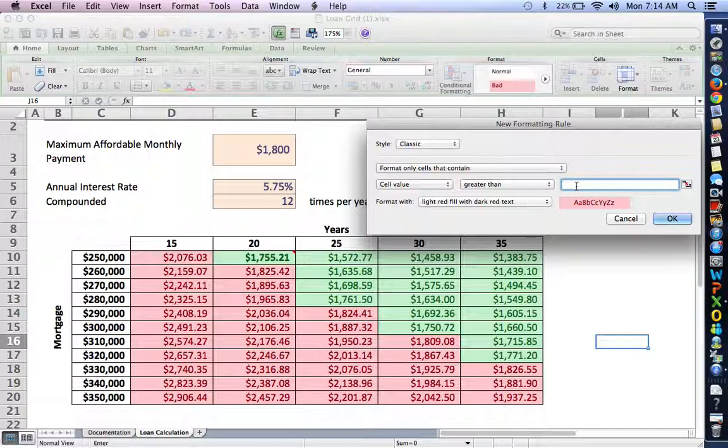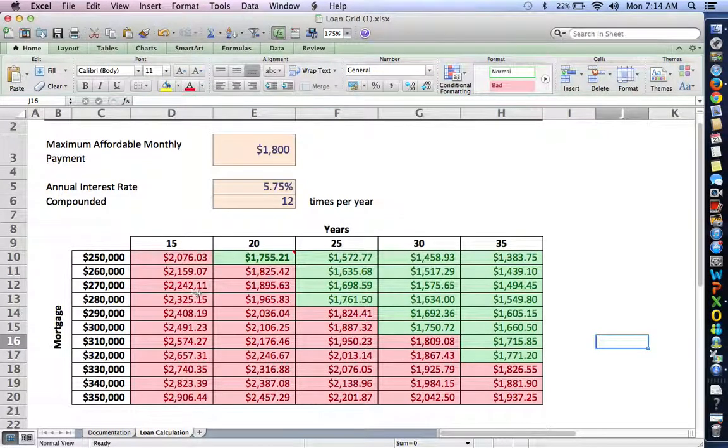I put in the maximum monthly payment here as a cell reference, and then I chose the format with light red fill and dark red text. I'm going to click cancel, but I clicked OK. And here I got all of the values that were above my maximum payment. And that's basically how I did the homework.